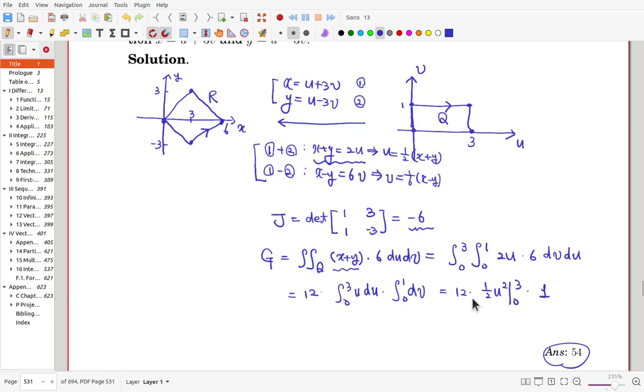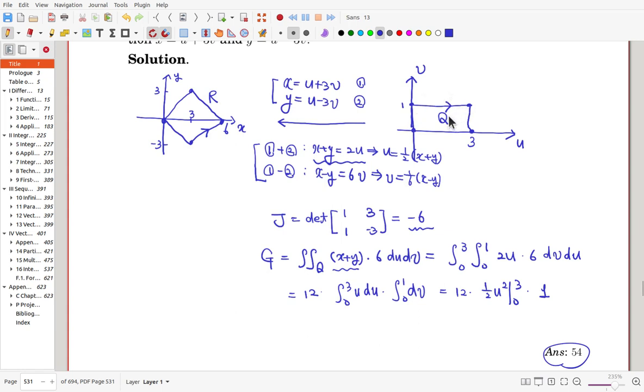Now, before moving to the next problem, let's look at this one. The determinant, the Jacobian, is negative 6. The reason is, for this boundary we have that orientation, but for that one it is the opposite orientation. This one is moving counterclockwise, and this is clockwise.